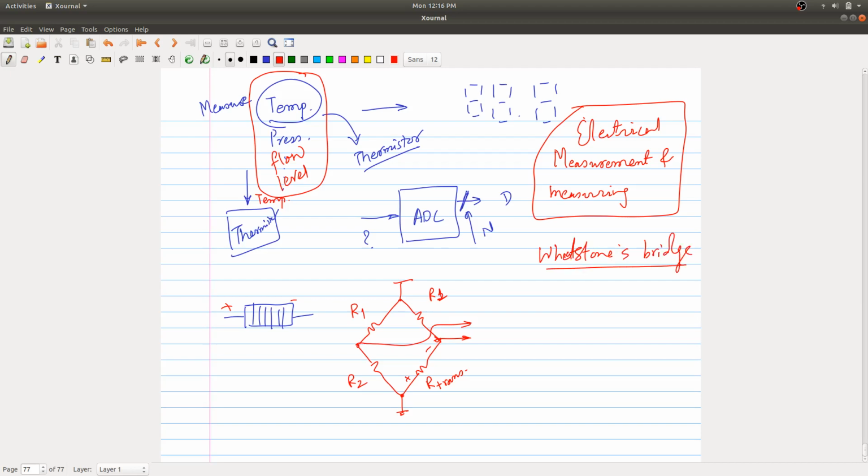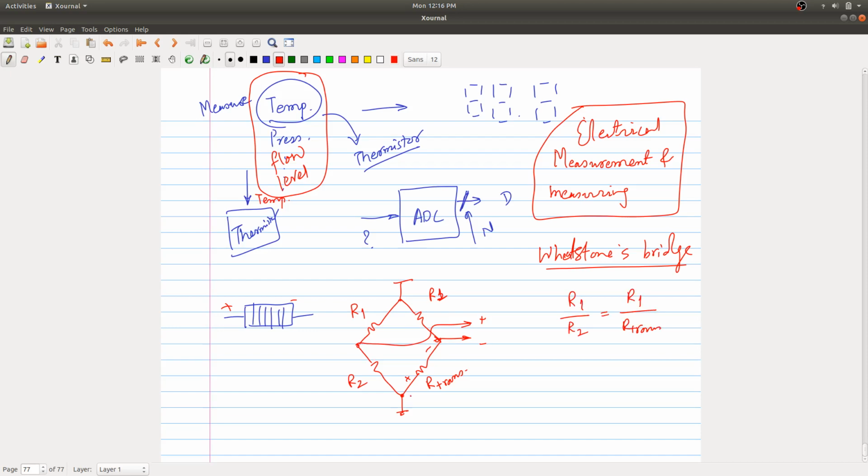So what will happen if I connect some transducer here, what will happen at the output? Yeah, so at balance condition, we want R1 by R2 equal to R1 by R transducer, right?